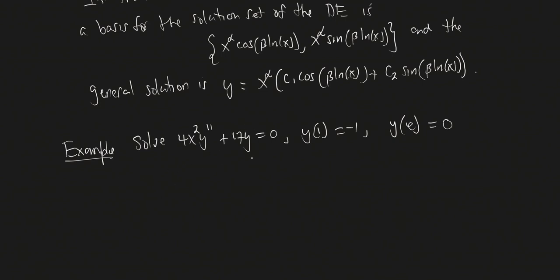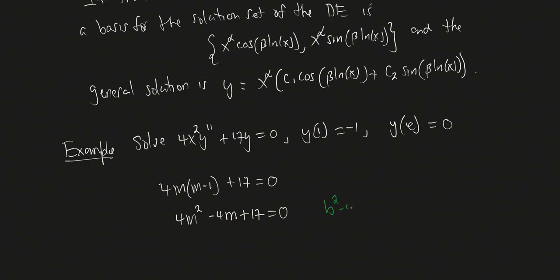So let's write down our auxiliary equation. So it's 4m times the quantity m minus 1. Then I would essentially have plus 0m, which I'm not going to write, and then plus 17, and then that's equal to 0. So if we put this in our standard form, we simply get 4m squared minus 4m, and then plus 17, and then that's equal to 0. Now, let's check our discriminant here.